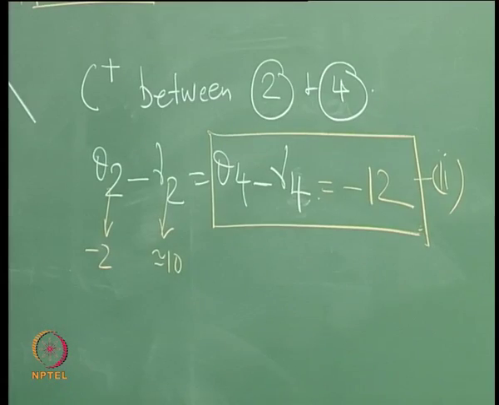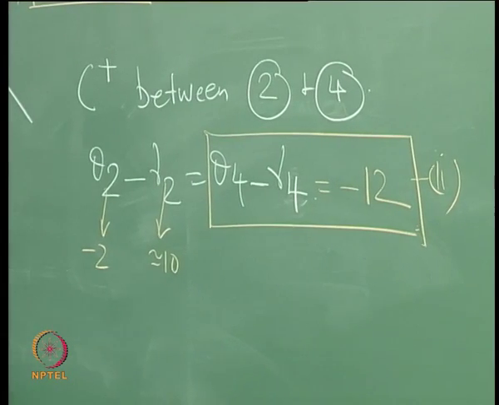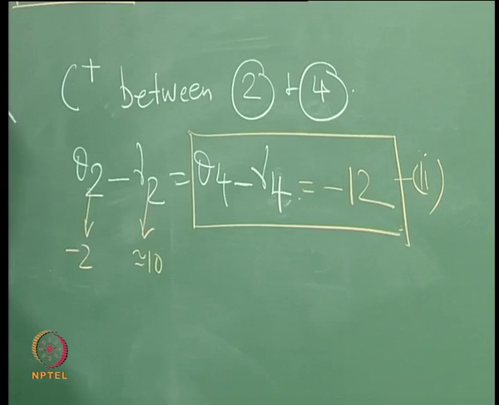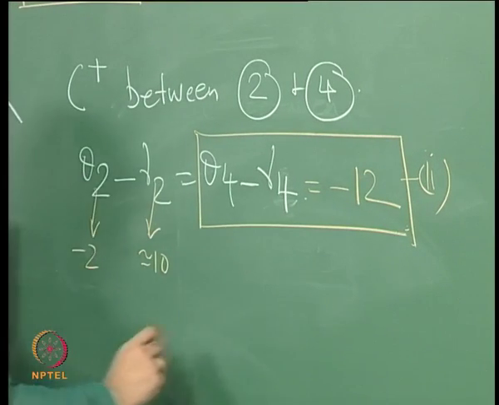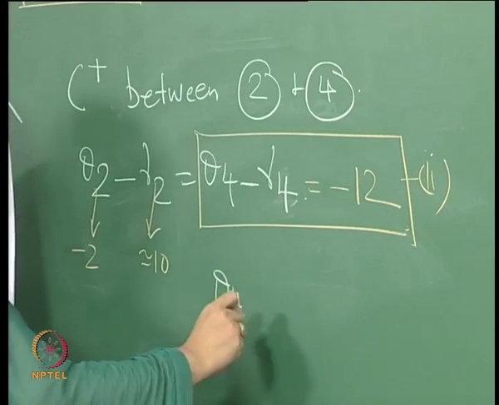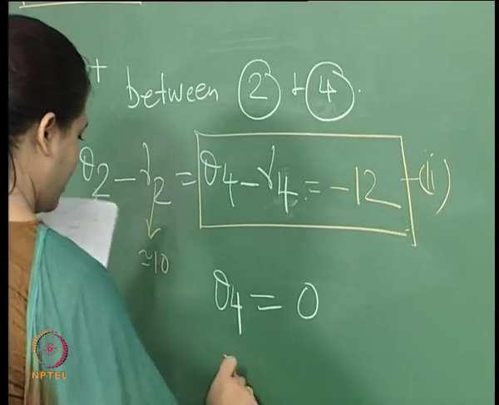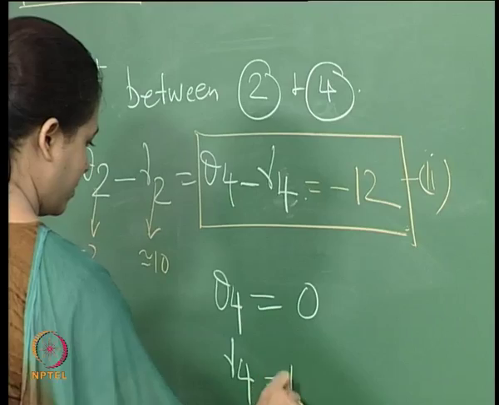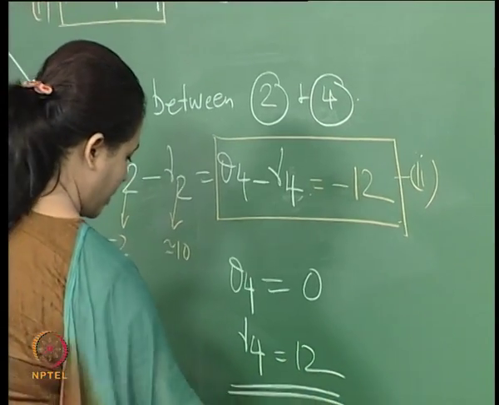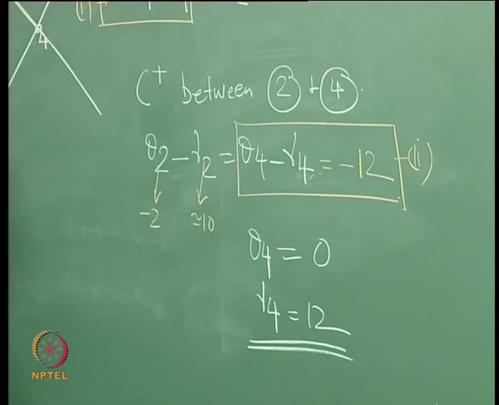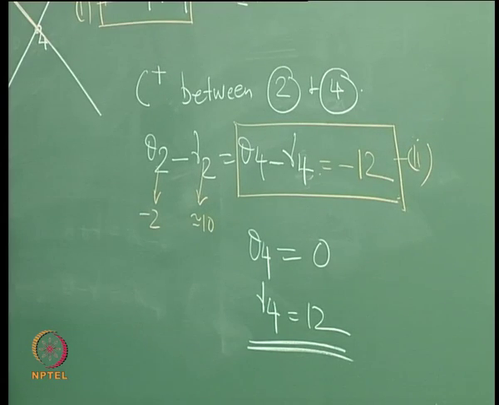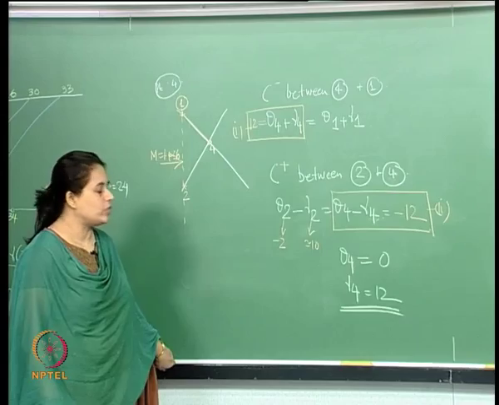Again we will now solve for theta 4 and mu 4 from here. Which is correct, theta 4 should be 0, because it is on the center line. Theta 4 is 0 and mu 4 is 12.